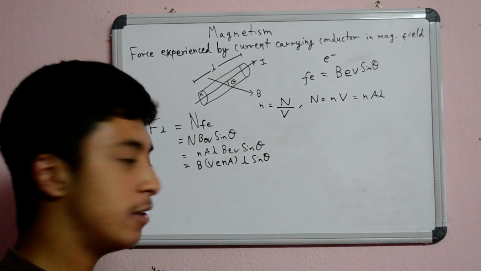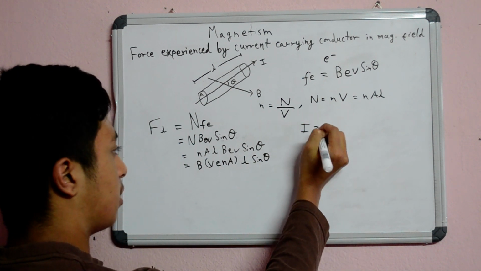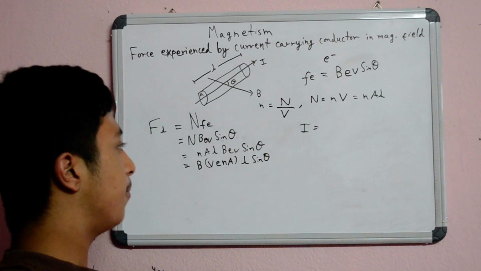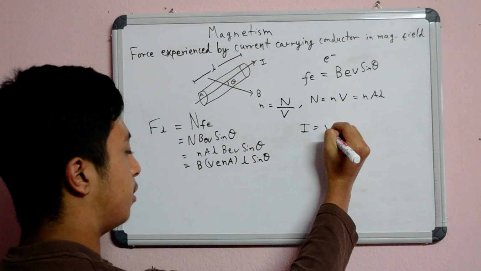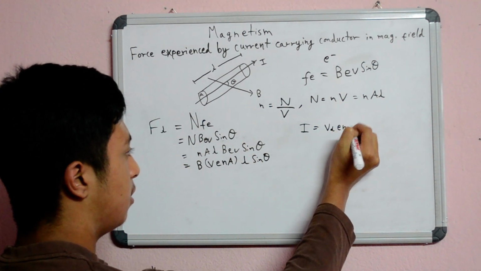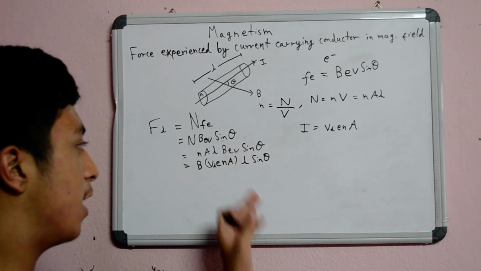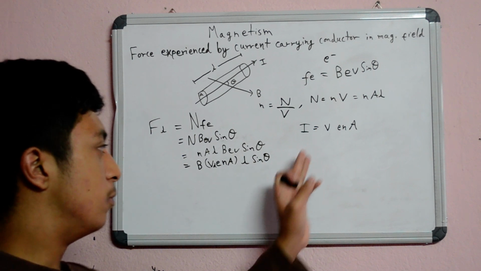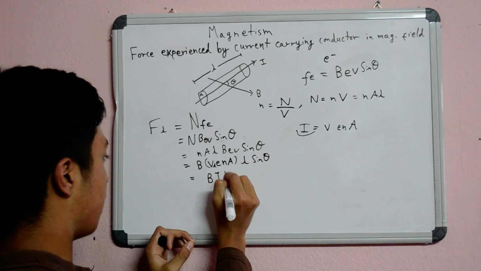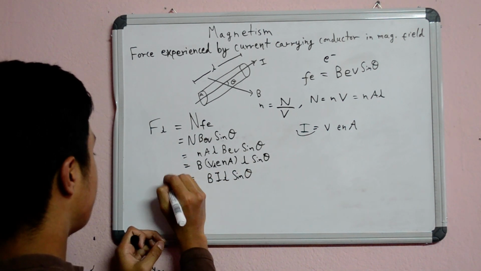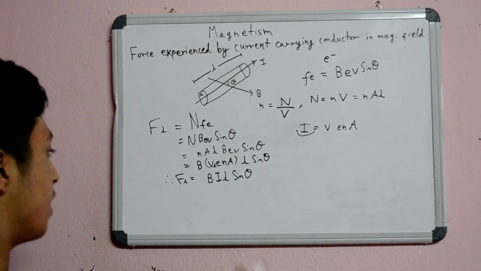Now v_d e n A, if you remember in class 11, in the chapter on direct current, current is equal to drift velocity v_d times e n A. This is the current I. So this is B I L sine theta. So this is the Lorentz force, or simply the force experienced by a current carrying conductor in a magnetic field.